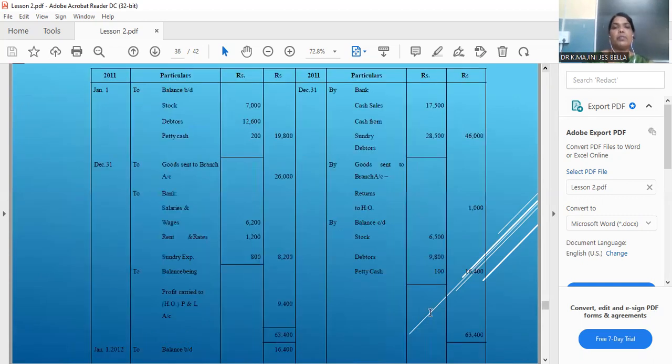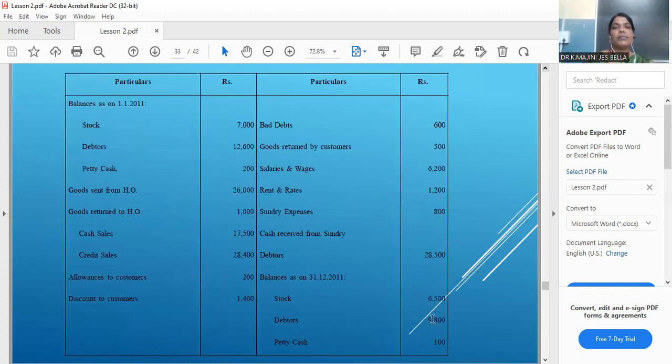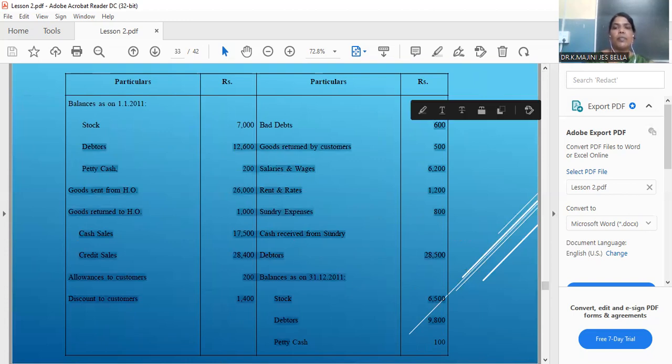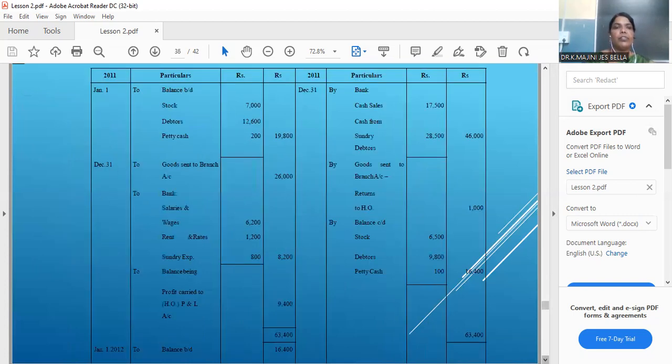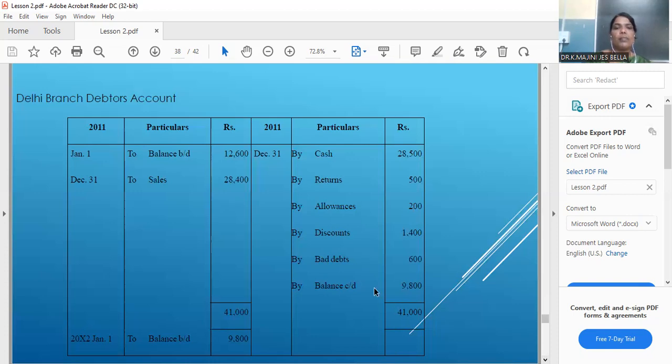Bad debts, how much? Added 600. Okay. How much is the bad debts? Bad debts 600. Then closing debtors 9,800. Right here closing debtors 9,800.